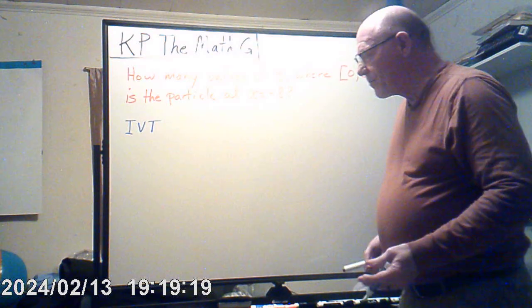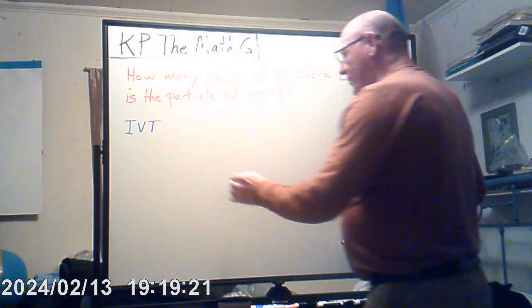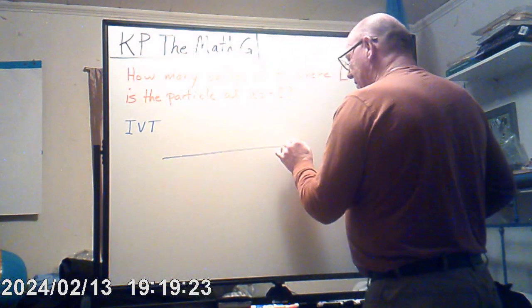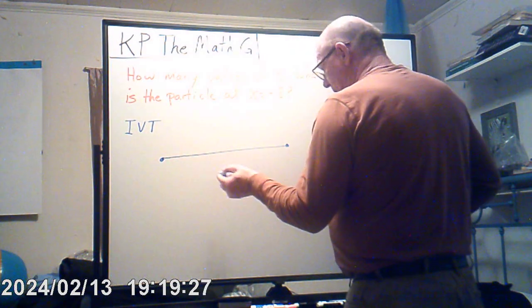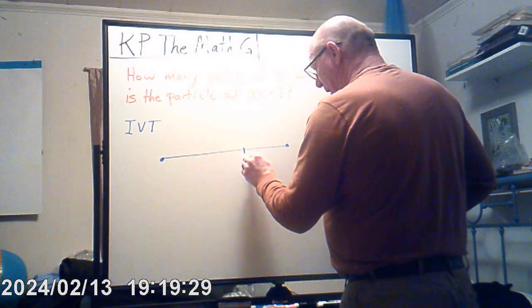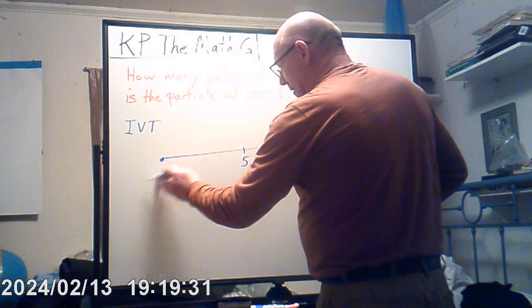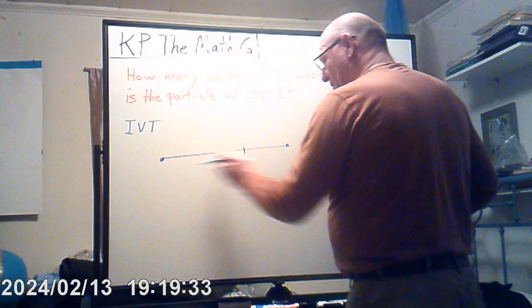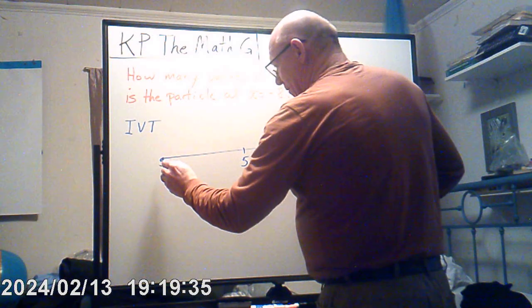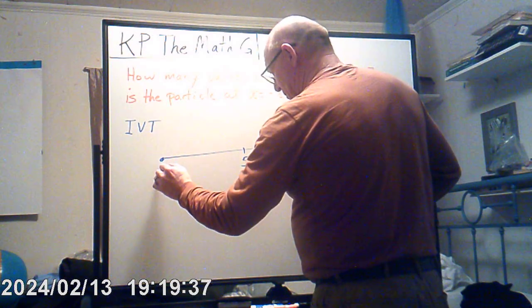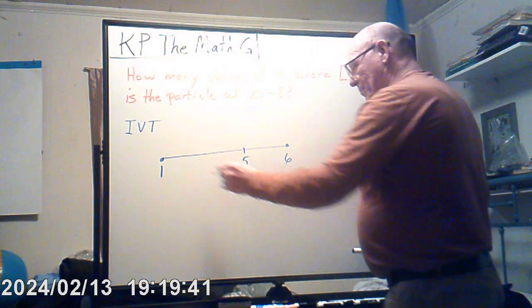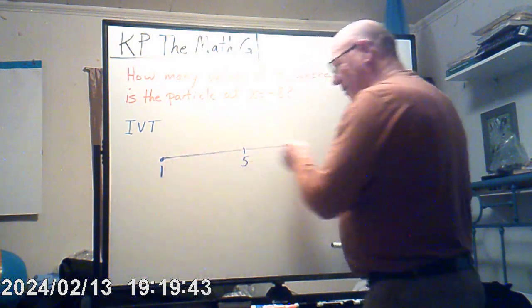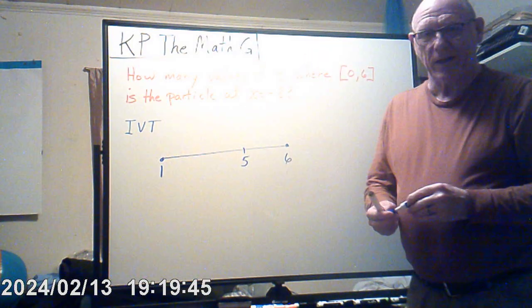Which simply means that if you have something, for example, say we're looking for 5, and we know that this is continuous, and here is 1, and this is 6, and the particle is definitely on this interval.